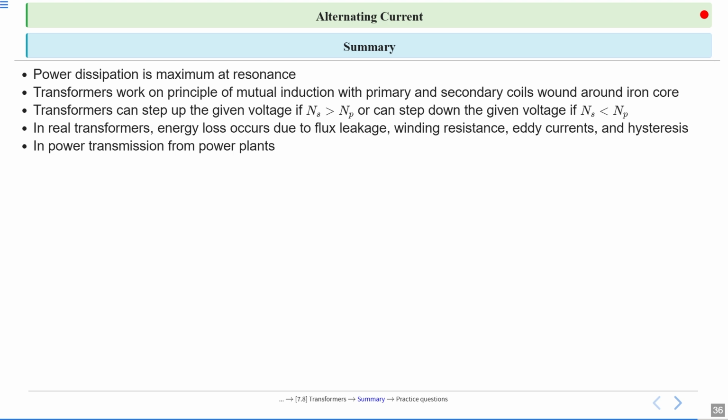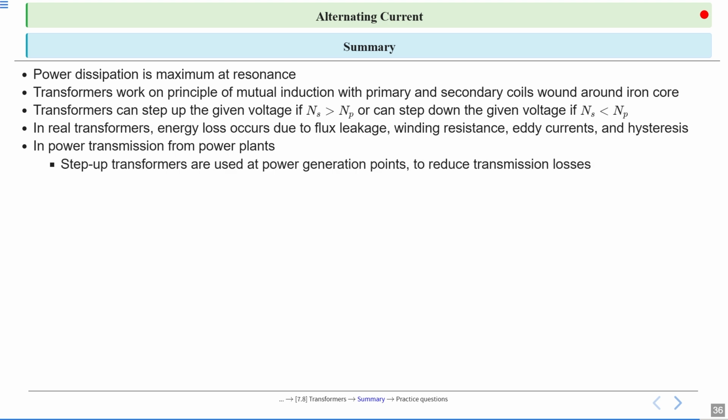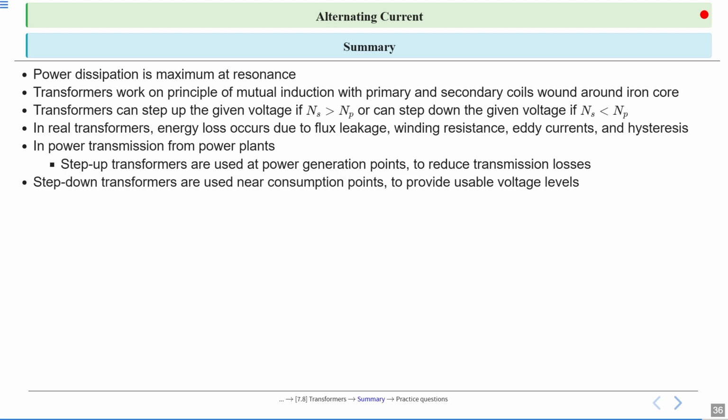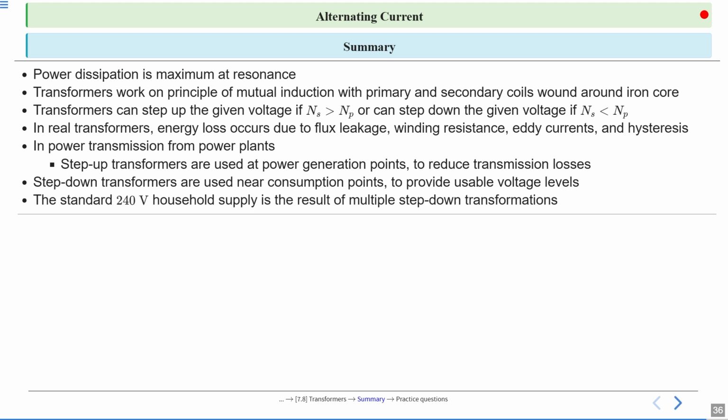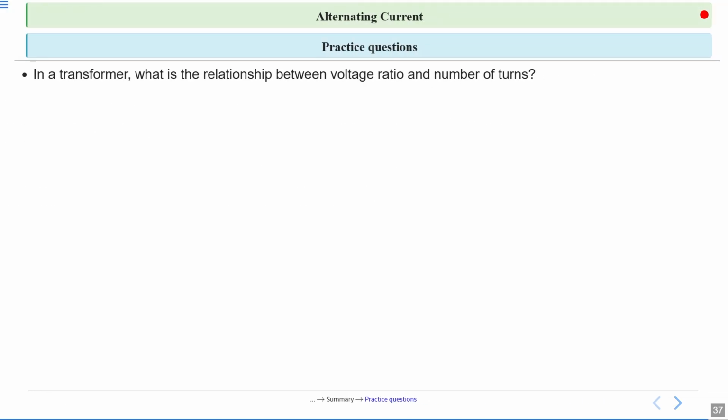In power transmission, step up transformers are used at power generation points to reduce transmission losses. Step down transformers are used near consumption points to provide usable voltage levels. The standard 240 volt household supply is the result of multiple step down transformations.